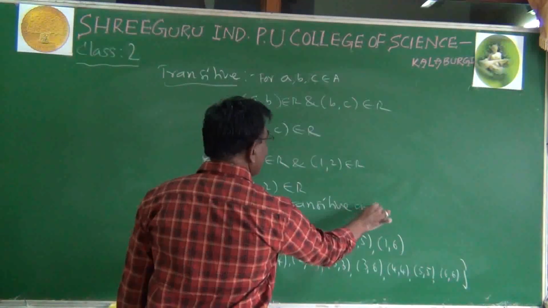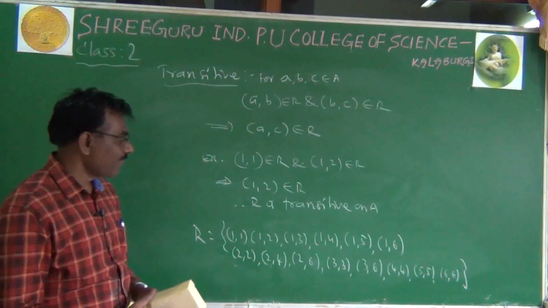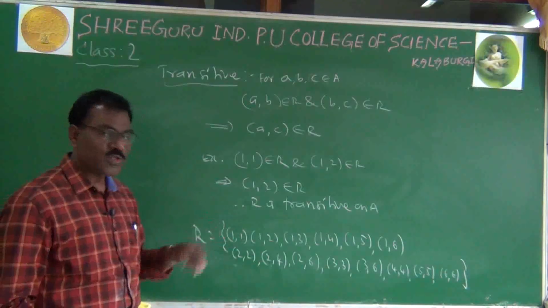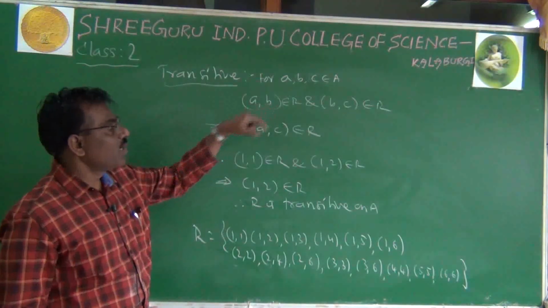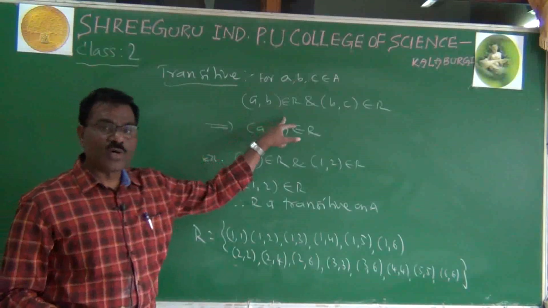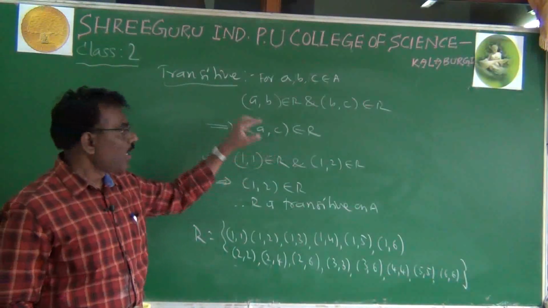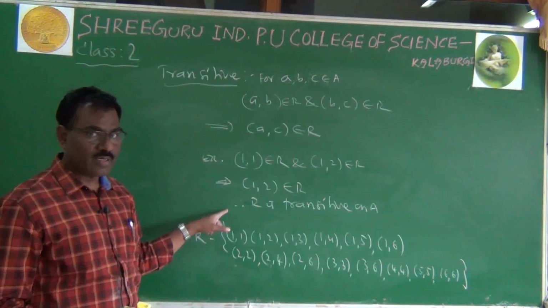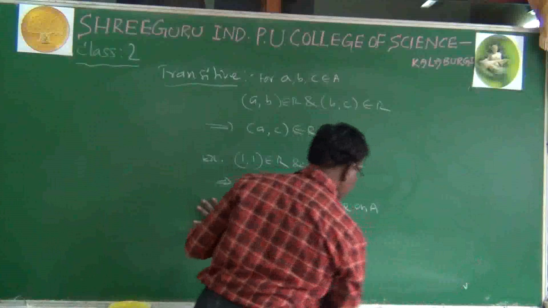There are so many possibilities. Better we can write generally for A, B, C: A comma B belongs to R, B comma C belongs to R, A comma C belongs to R, and including one example you can write that the relation R is transitive.